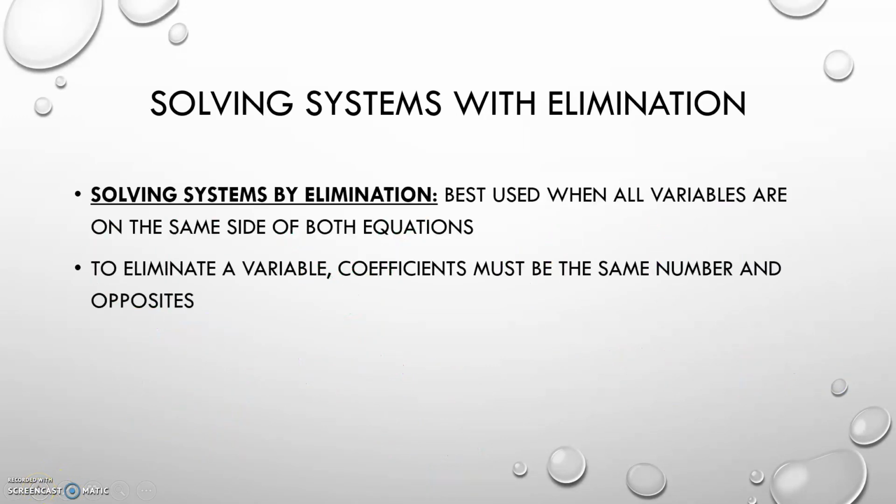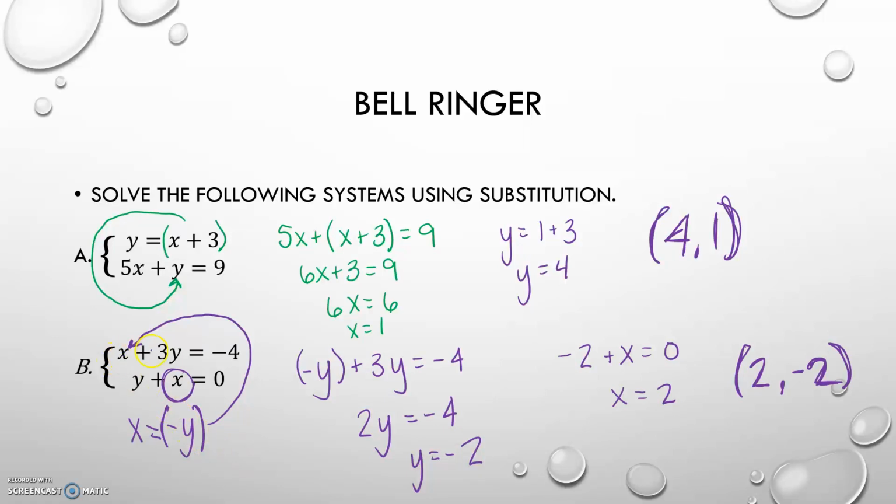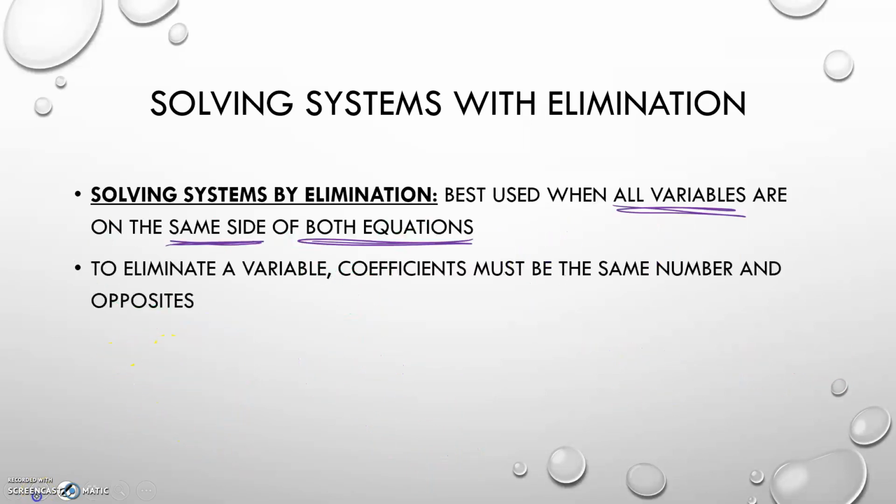So today we're solving systems by elimination. This method is best when all variables are on the same side of both equations. So that would be something like here where we had x and y on the same side. Our goal is to eliminate one variable.